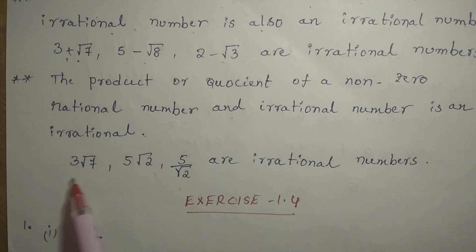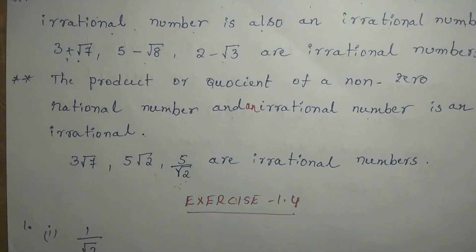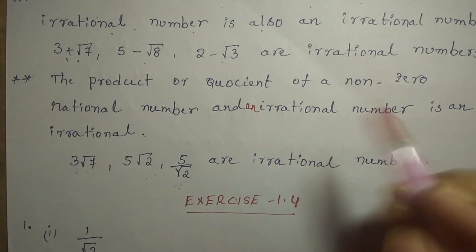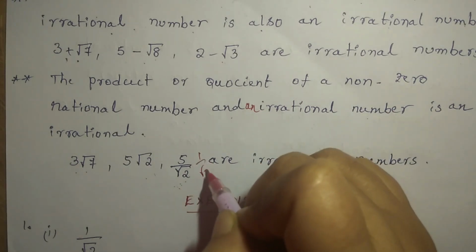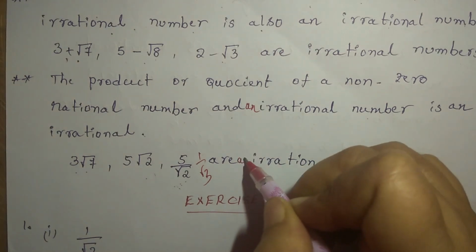In this property, the product and quotient of a non-zero rational number and an irrational number is also irrational. For example, 3 root 7, 5 root 2, 5 by root 2, and also 1 by root 2, 1 by root 3, 1 by root 5 are irrational numbers.